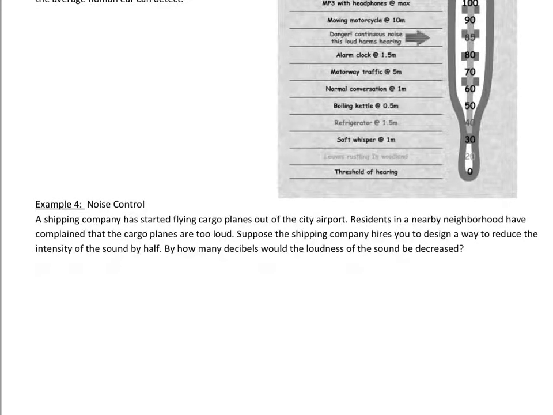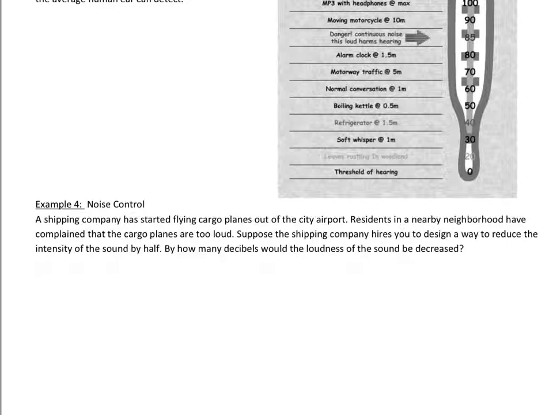A shipping company has started flying cargo planes out of the city airport. Residents in a nearby neighborhood have complained that the cargo planes are too loud. This is a very possible situation. People are always complaining about loudness. Suppose the shipping company hires you to design a way to reduce the intensity of the sound by half.